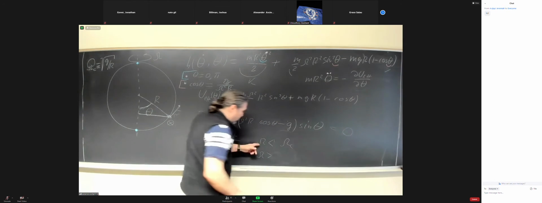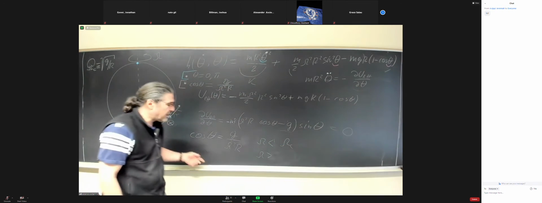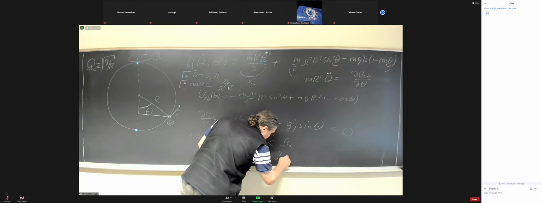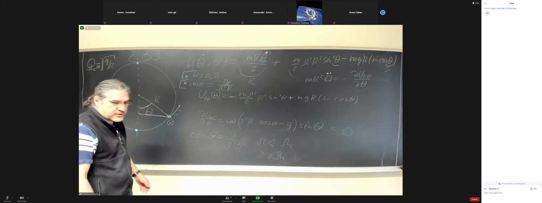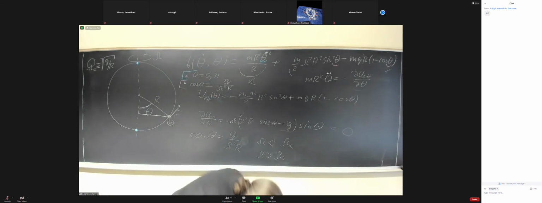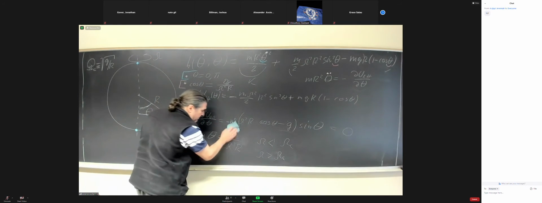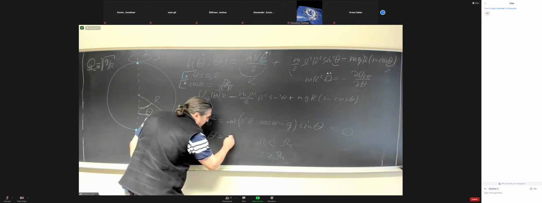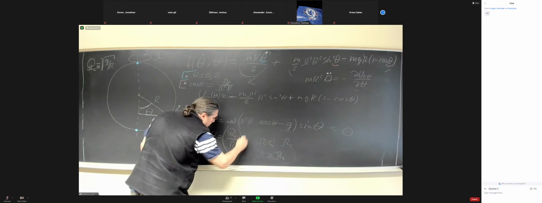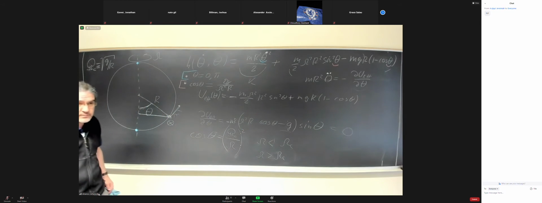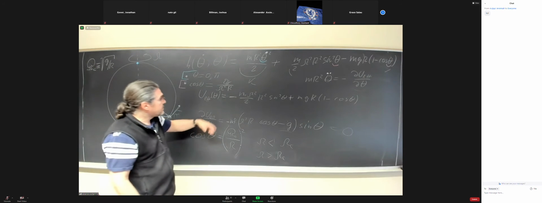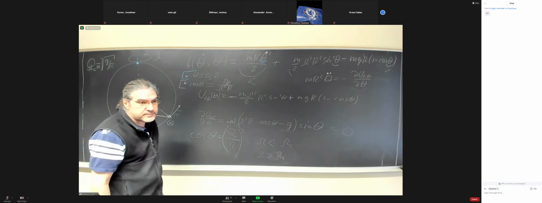When omega is less than omega critical, this equation does not have a solution. When omega is larger than omega critical, that equation does have a solution. And the equation is written in a simple form: cosine theta equals omega critical squared divided by omega squared.